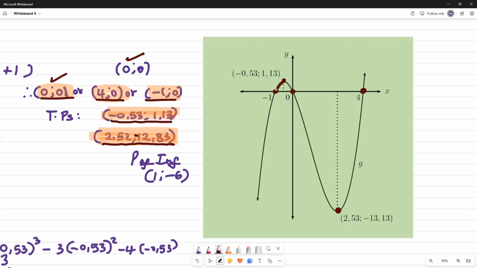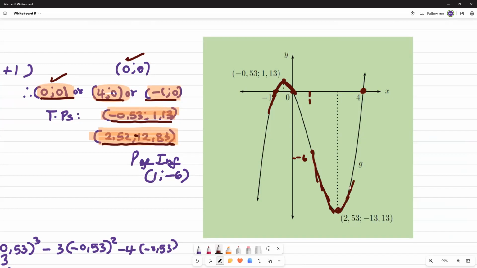What I usually do, I start there on the turning points. I go to that x-intercept. I go to that x-intercept. To make it nicer, I'll do the point of inflection. So 1 maybe somewhere here, and then maybe negative 6 is somewhere there. So my point of inflection will be somewhere here. Do you see it? So you also show your point of inflection.